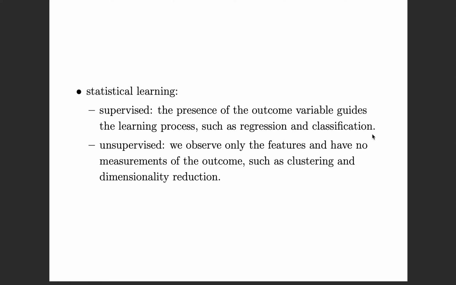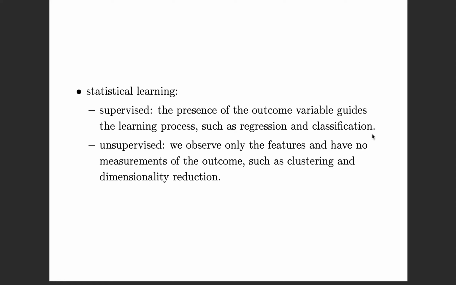So you have an outcome variable, and then you have a set of features, also known as predictors, or independent variables. So you have a set of predictors, independent variables, features, whatever you want to call it. And then you have this outcome variable, also known as a response or dependent variable.